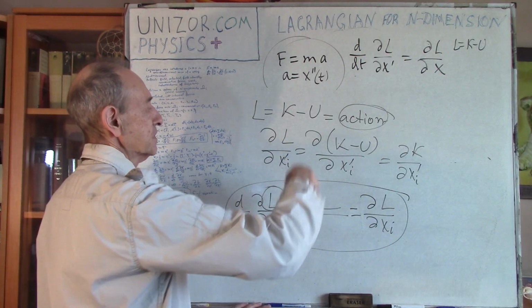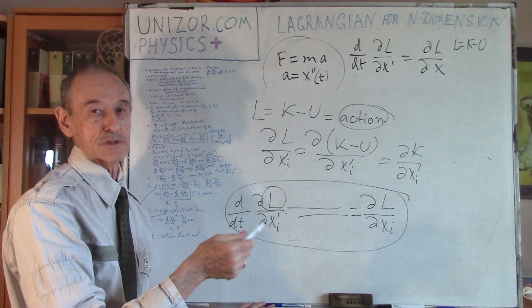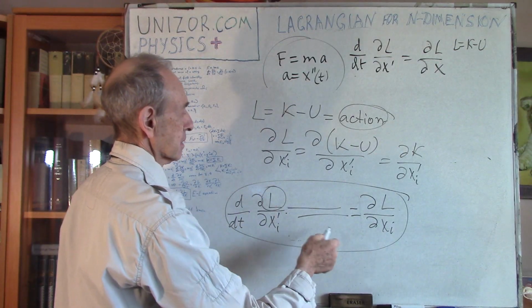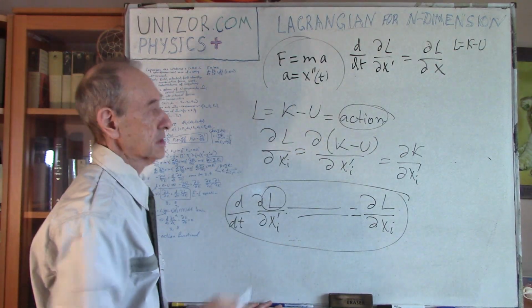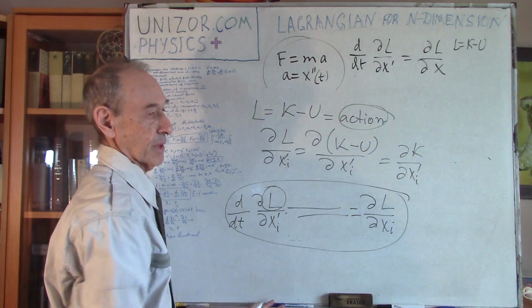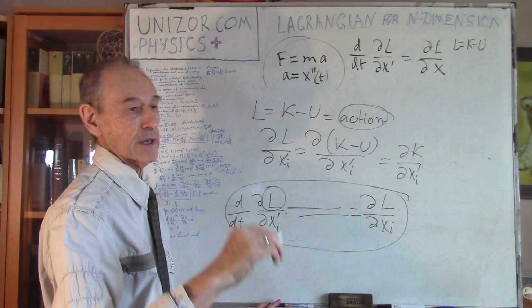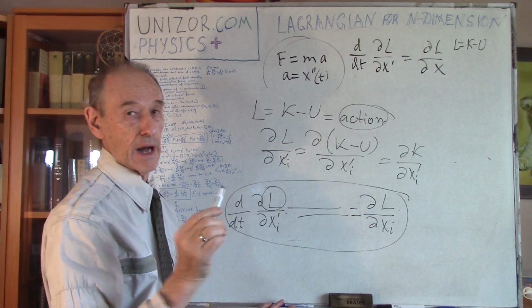Now, obviously, all these transformations are reversible, and from this equation we can always get F equals ma for the x, y, and z coordinates of the i-th object.